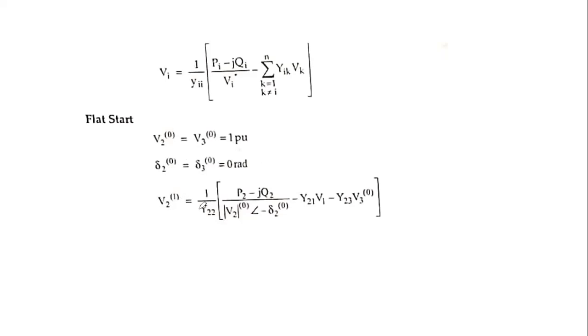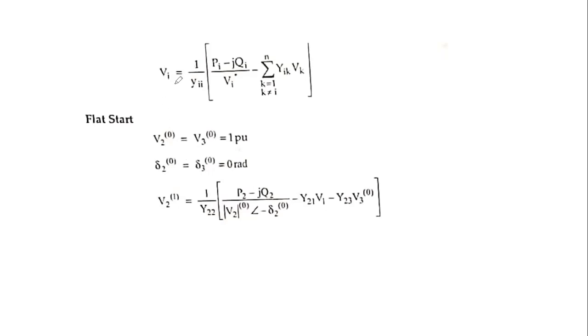Okay, next, V2 power 1. V2 of 1 is equal to 1 by Y22. Why are we taking Y22? Because i will be taken as 2. Then substitute i equal to 2.